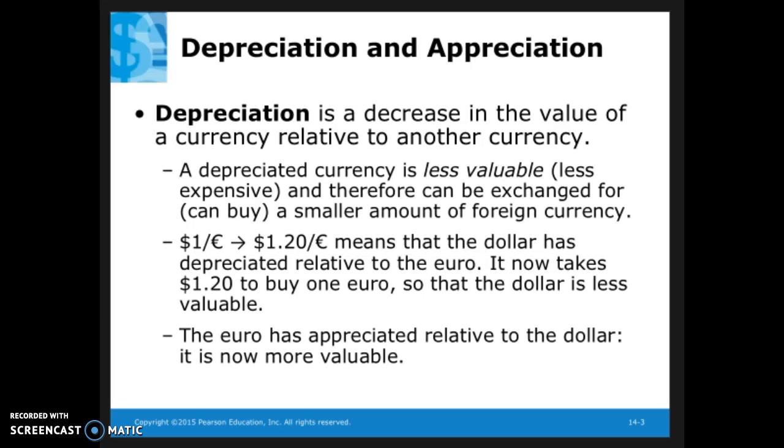A depreciated currency is less valuable and therefore can be exchanged for a smaller amount of foreign currency. So $1 per euro turned into $1.20 per euro means that the dollar has depreciated relative to the euro, which means that the euro has appreciated relative to the dollar.